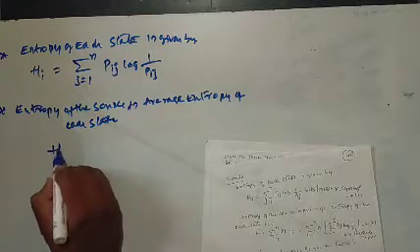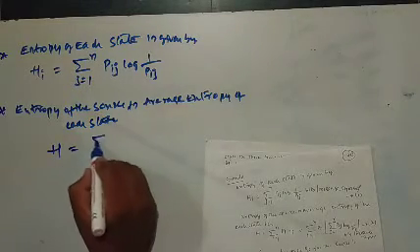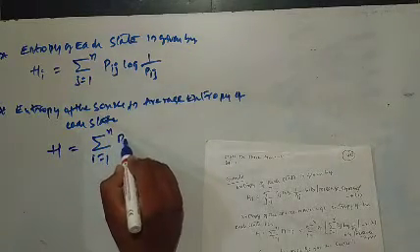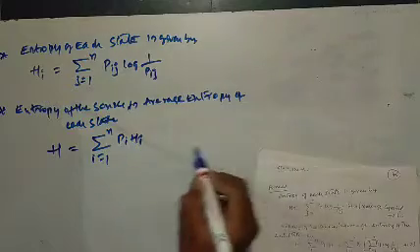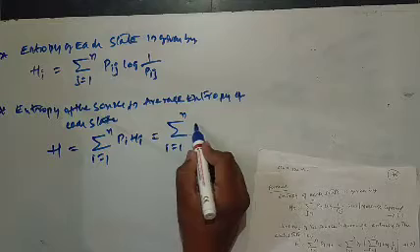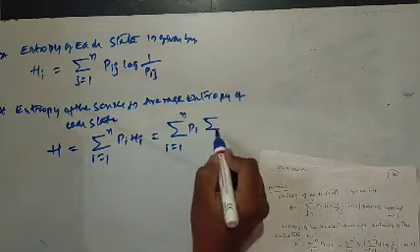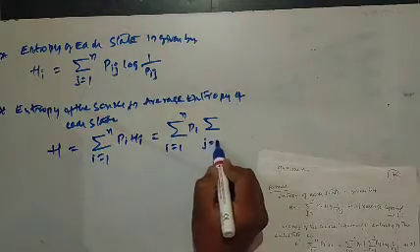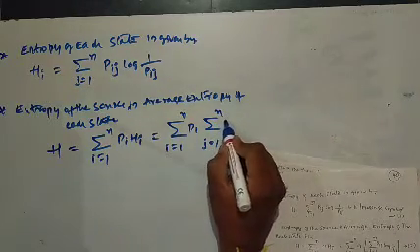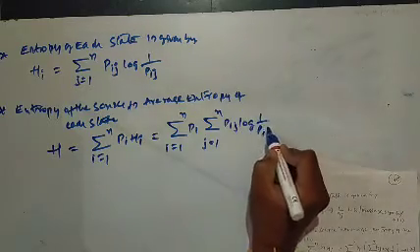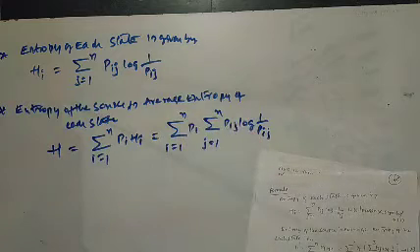It is given by H is equal to summation i is equal to 1 to n of Pi into Hi, and this can also be written as summation i is equal to 1 to n of Pi, summation j is equal to 1 to n of Pij log 1 upon Pij, substituting the Hi value here.